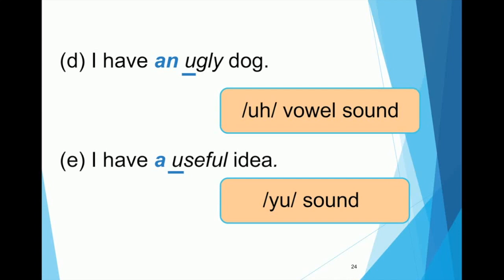I have a useful idea. You also have a vowel here, but the reason you use a is because this vowel u sounds like "yu." So every time you have a u that sounds like "yu," this one sounds like ugly, but this one sounds like "yu," useful, you need to use a, not an.